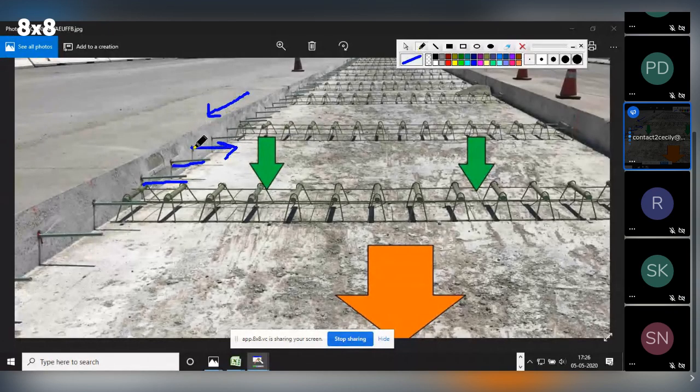So tie bars are placed perpendicular to the direction of the traffic. Like this they will give you in MCQs: tie bars are placed in transverse joint, longitudinal joint, or which joint? Then your answer is they are placed in the longitudinal joint, but they are aligned in the direction perpendicular to the traffic. Clear?